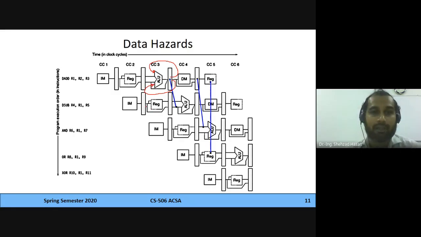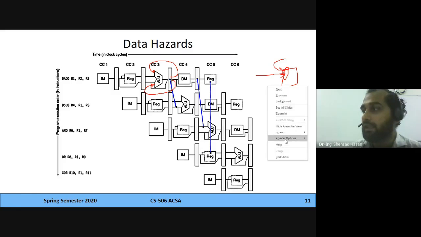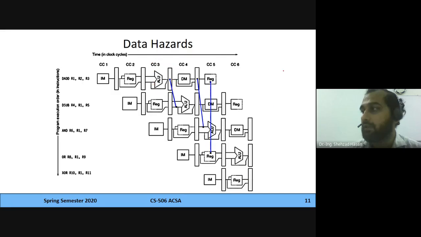But the ALU already had some inputs coming from the earlier stage, and you cannot attach two different inputs to the same port. There is a single port over here. So what you have to do is think about using a multiplexer. If this is your ALU, we can have a multiplexer over here, which is going to give one input to the ALU.